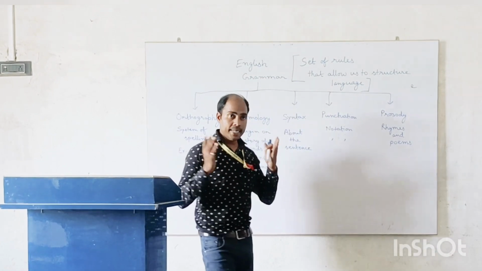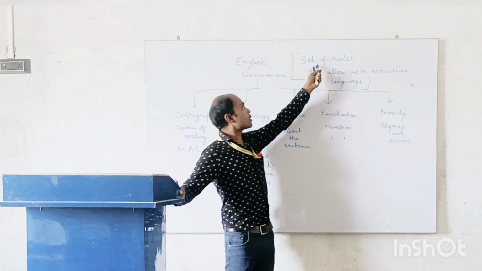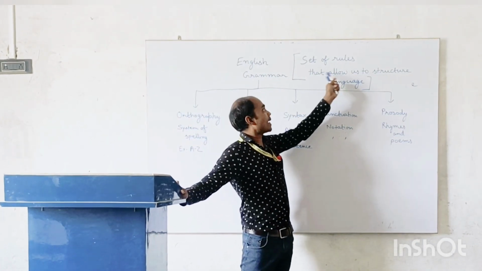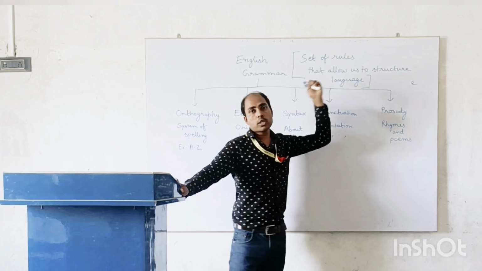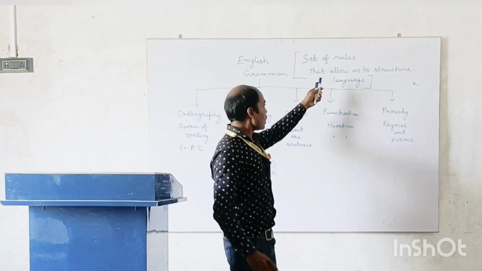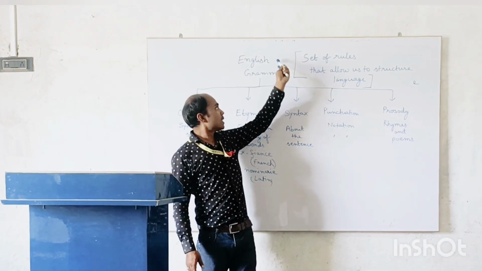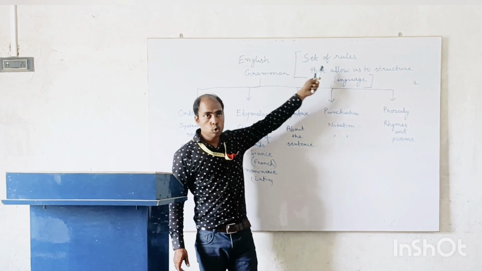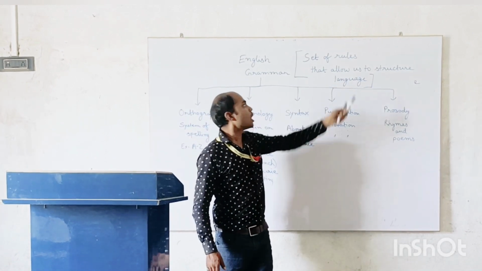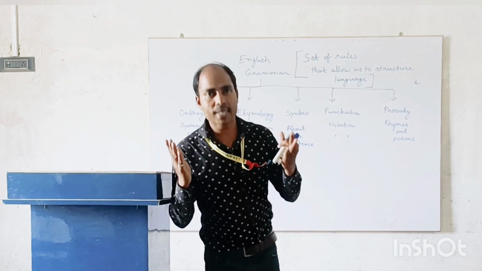Then you can easily say that English grammar is a set of rules that allow us to structure the language. In other words, English grammar is the set of rules that make the structure of the language.